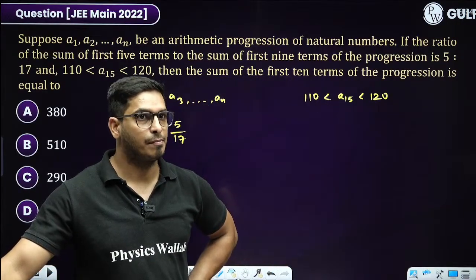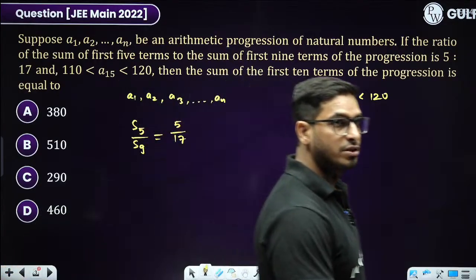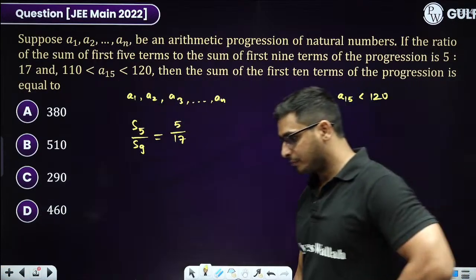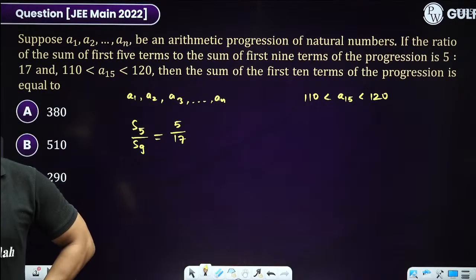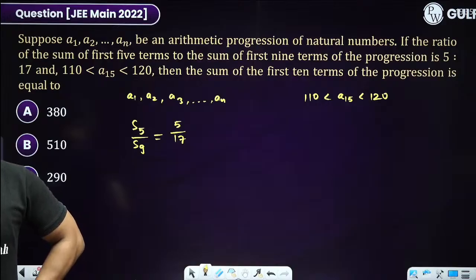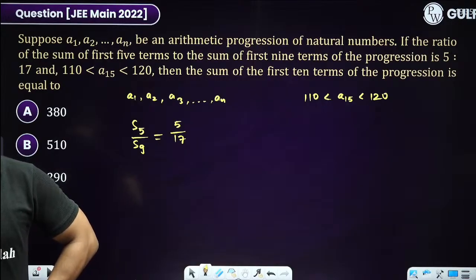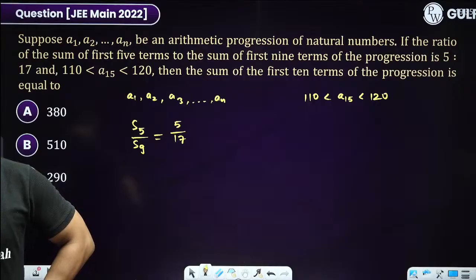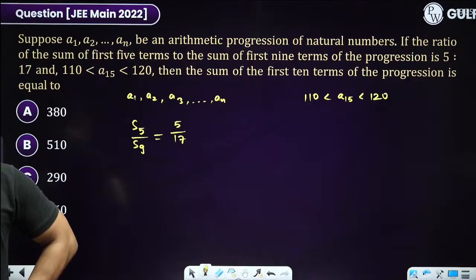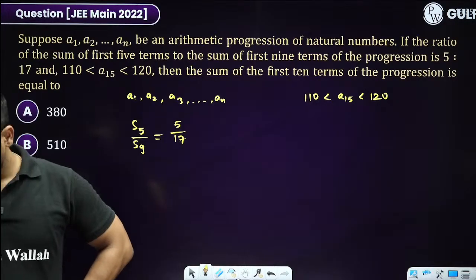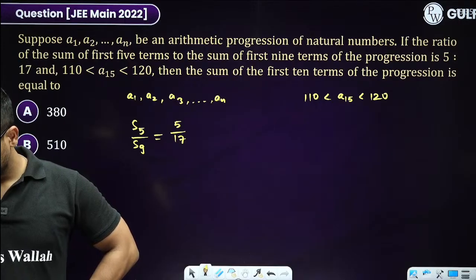Sir, I'm almost finished. I'm just waiting, do it. Sir, 380. Yes, I think so. 380. Correct. 380 is the answer. How did you solve it? Sir, first we do 5 by 2 into 2a plus 4d divided by 9 by 2 into 2a plus 8d equal to 5 by 17.